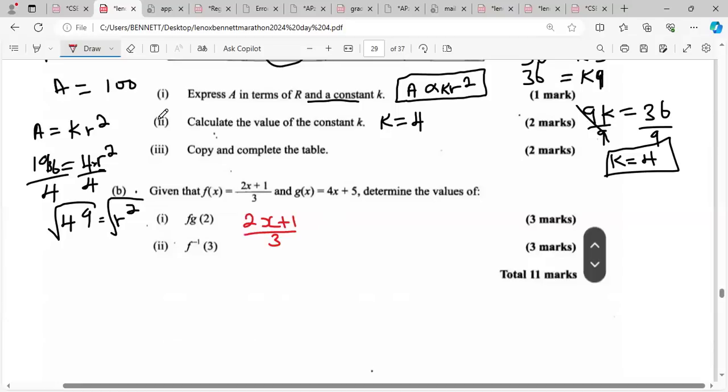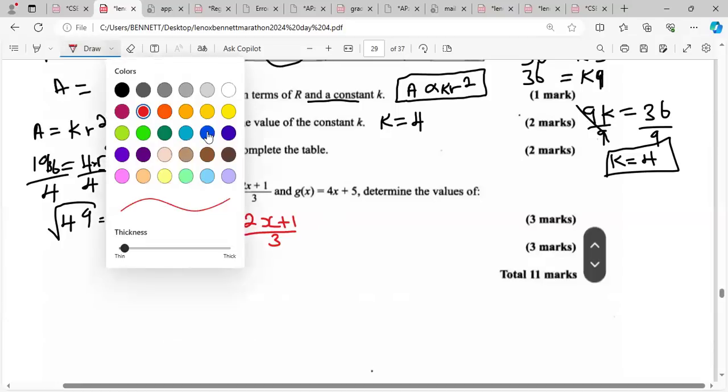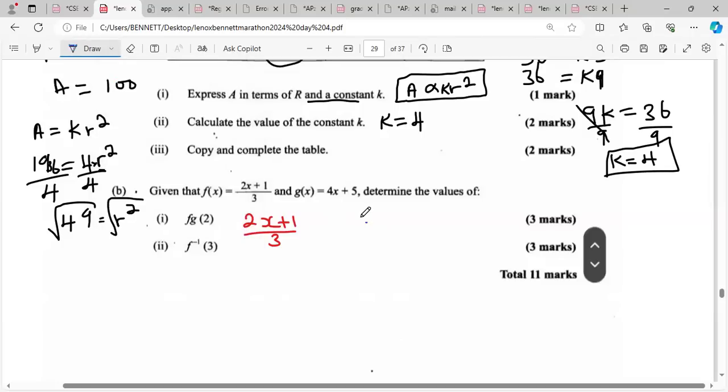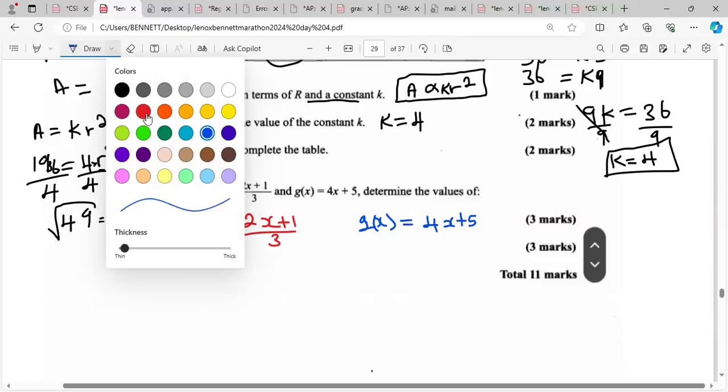And then we have g of x in blue. g of x is equal to 4x plus 5. Remember guys, we're combining the two functions, so I color code it because it's very important for us to get the CXC. Always bring that on it.